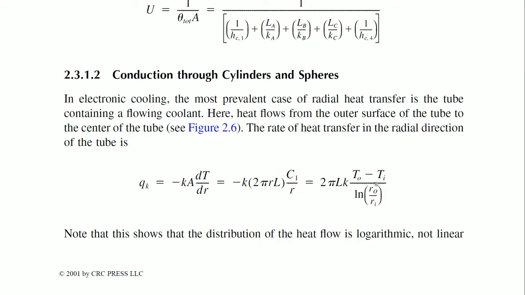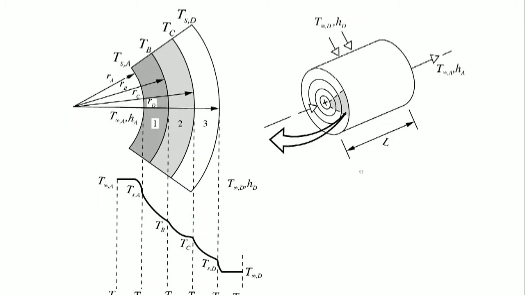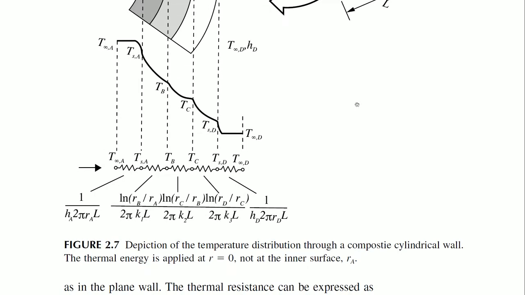If you know the various physical parameters, and you know the actual conductivity of the solid, it is very much possible for us to do the necessary mathematical expression and try to get the absolute value of the rate of heat transfer in the radial direction of the tube, which is given here, and this is what you are likely to find in all the textbooks.